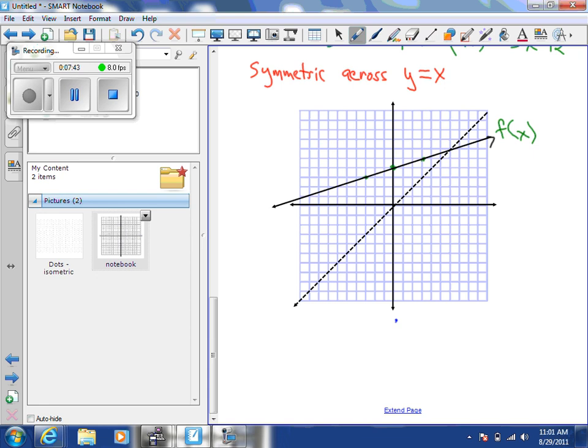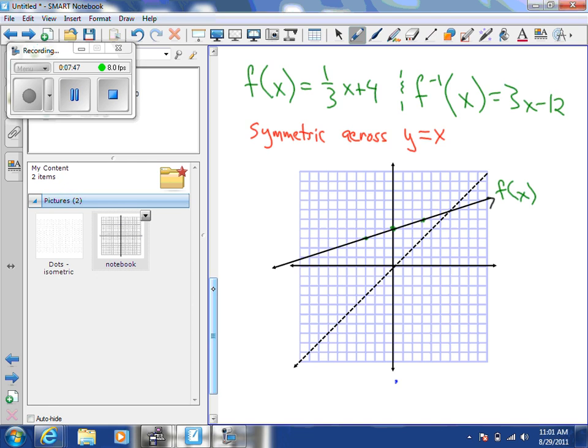Unfortunately, minus 12 is down here, about there. Where it's going to go from there is up 3. So if I went over 1, it would be 11, 10, 9. My graph is going to go through here.